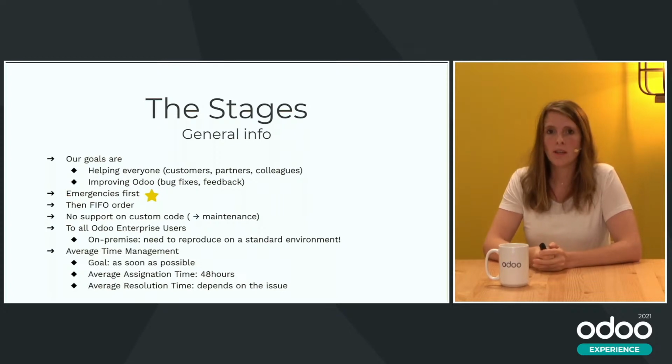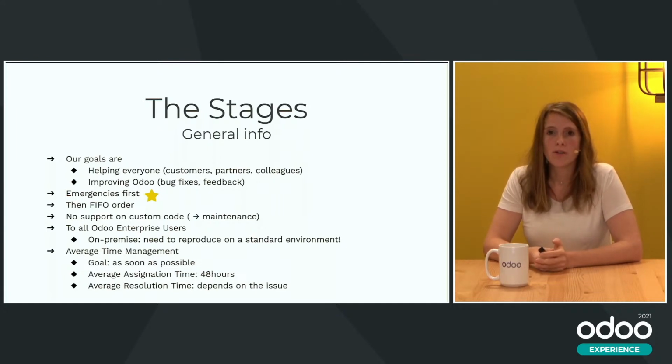How we are working is first by emergency. So if you call us, we will prioritize your issue, and with that we have a nice star on tickets, and all the starred tickets go first on the list. So all support agents have to work on these first, and then we work in FIFO order. So the first ticket created will receive the answer first.